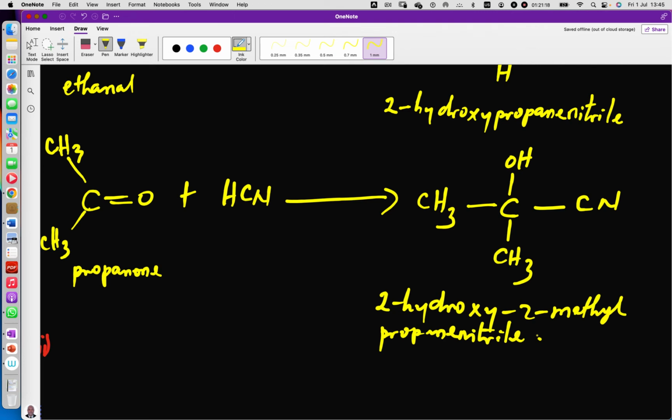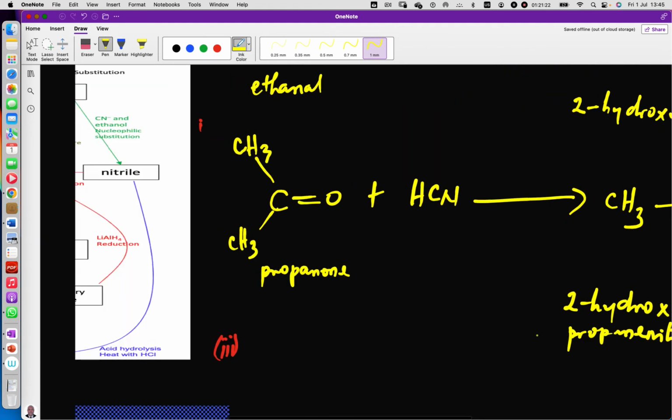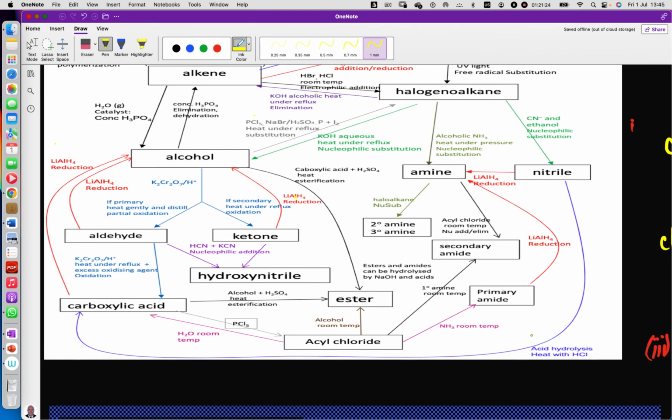This is the type of reaction that occurs. The ketone will react by nucleophilic addition to form hydroxynitrile. They may not give you the hydroxynitrile because they did not give you the ketone. So I've given an example of a ketone, and this is the product. I've given an example of an aldehyde, and this is the hydroxynitrile. So these are the reactions here.